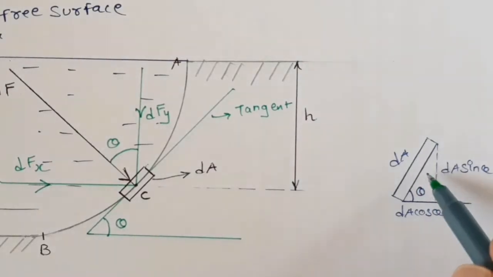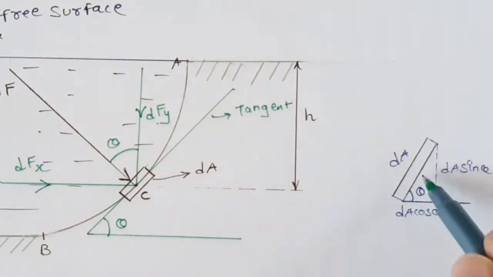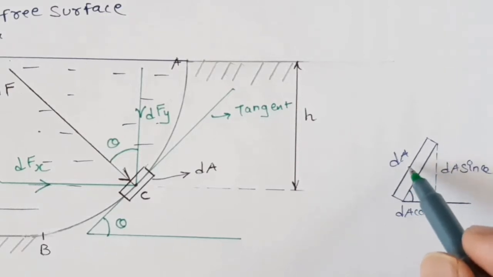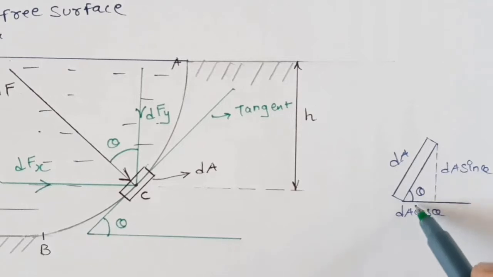Here it is shown, this element dA is making an angle of theta with the horizontal. So this dA can be resolved into two components, dA cos theta and dA sin theta. The side making an angle theta will be dA cos theta and the opposite side will be dA sin theta.